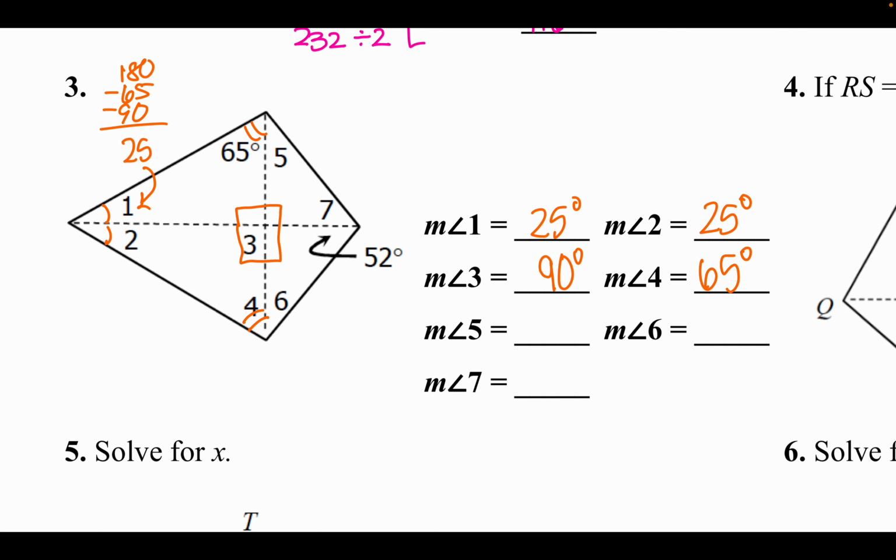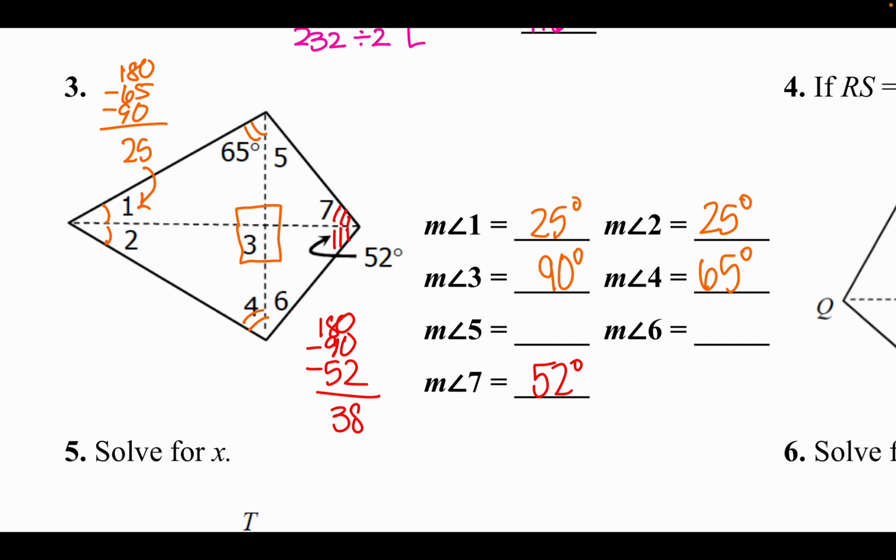Now we're on to a different set of congruent triangles. So we know 7 and 52 degrees are congruent, so 7 is 52 degrees. Now if we want to find 6, we're going to have to do 180 minus that right angle, minus the 90, and minus the 52.